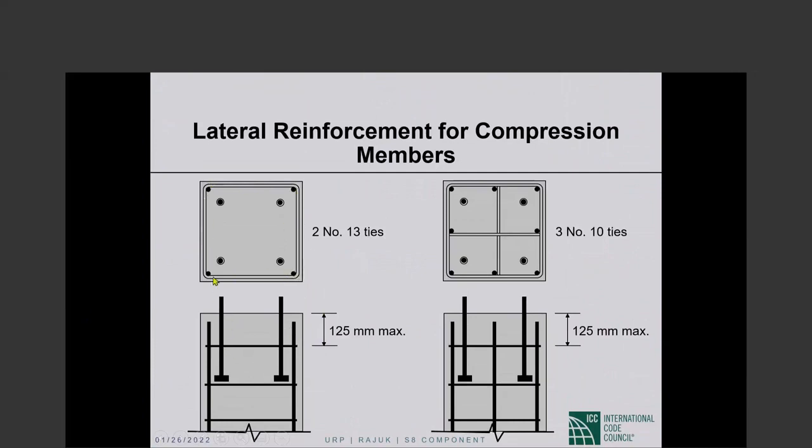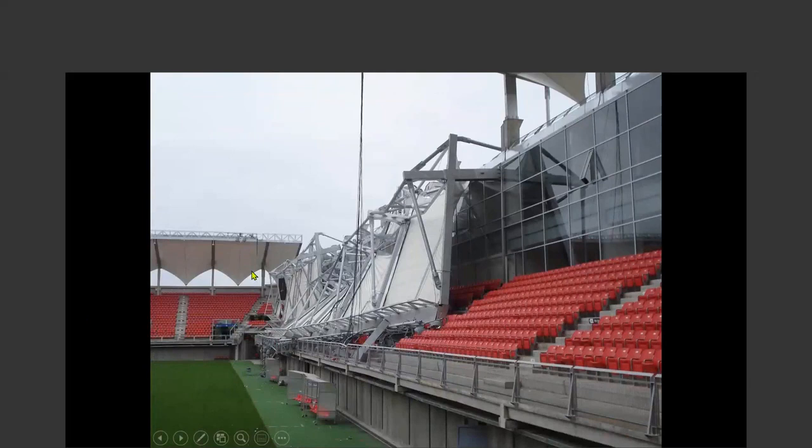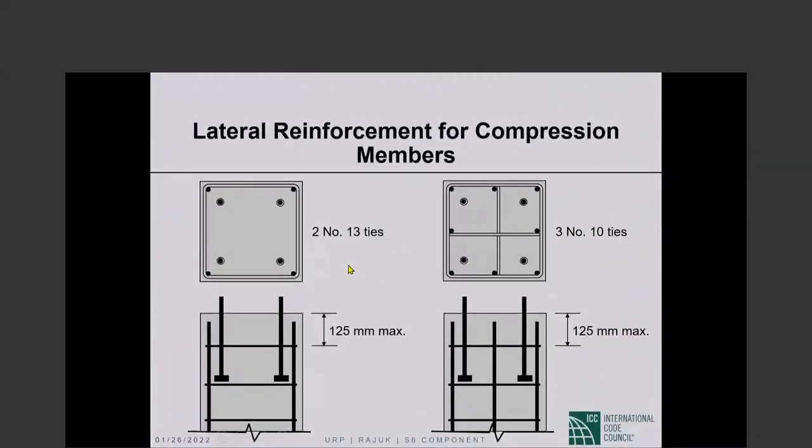Okay, these are the anchor bolts, these are the vertical column bars. We will confine the anchor bolts by providing those ties around the column reinforcement, and there shall be 3 10 millimeter or 2 13 millimeter ties within the 125 millimeter distance.